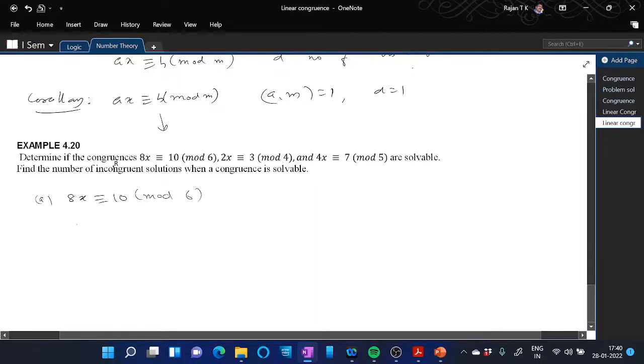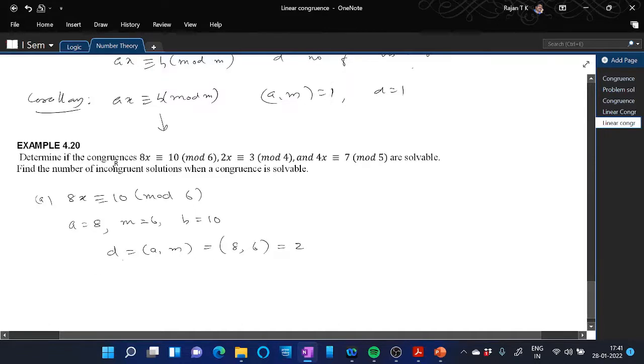In this linear congruence, A is 8, M is 6, B is 10. Calculate first D, which is the GCD of A and M. That is GCD of 8 and 6, which is 2.